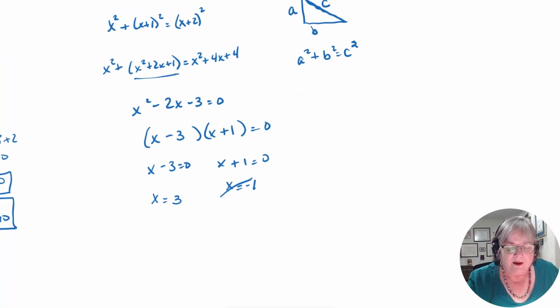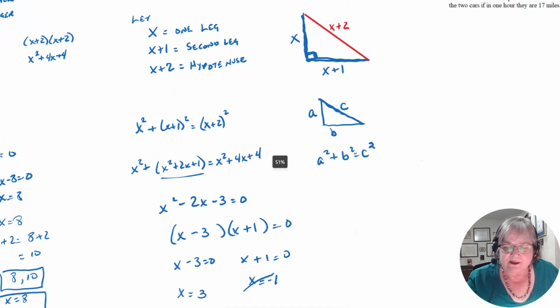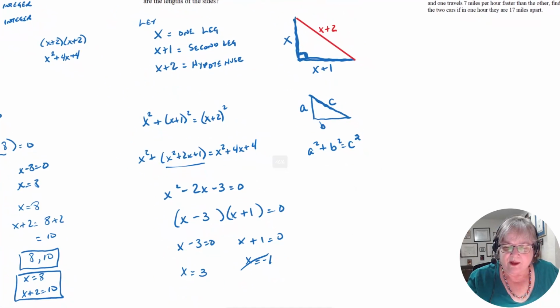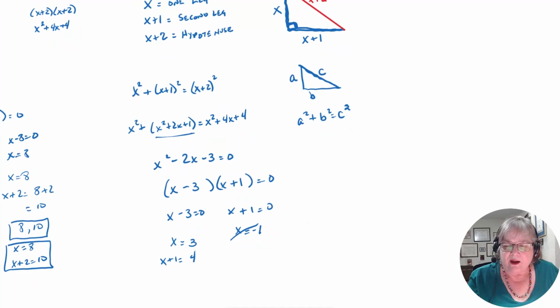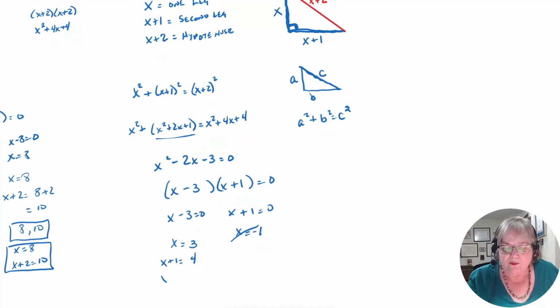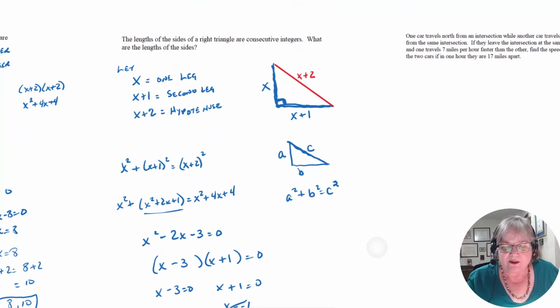Right? Now, can I have a side that's 3? Yes. So if x, which is this left side, is 3, the bottom side is 1 bigger, so that'd be 4, and the hypotenuse would be 2 bigger than the original, so 2 plus 3 is 5. Now, did they say dimensions like meters or inches or anything?